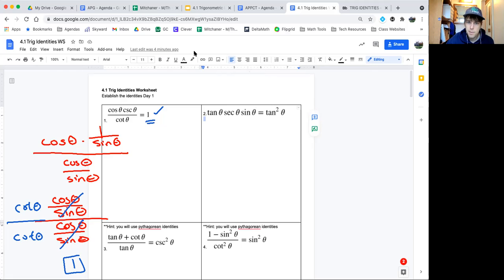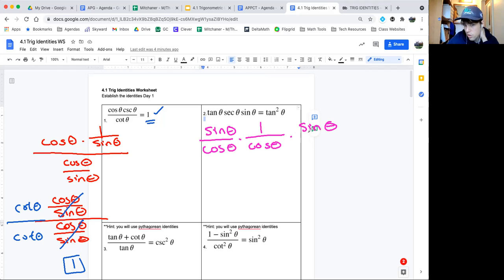Again, I'm going to resort to writing everything in terms of sine and cosine and seeing what can simplify. So tangent is sine over cosine. That is one of our quotient identities. Times secant. Secant is 1 over cosine. That is our reciprocal identity. Times sine theta.